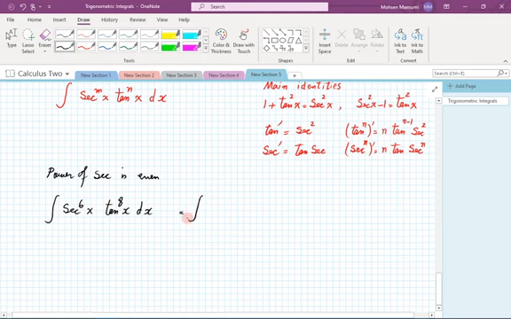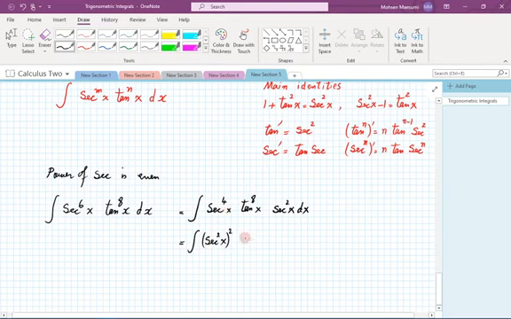We said we are going to separate a secant squared, and that is going to play the role of du for our tangent. We are left with secant to the power 4 of x, tangent to the power 8 of x. Since the exponent is still even, we can write secant to the power 4 as the square of secant squared of x.